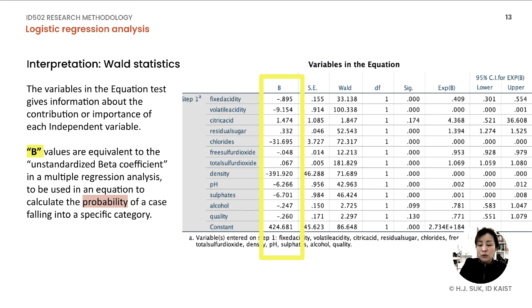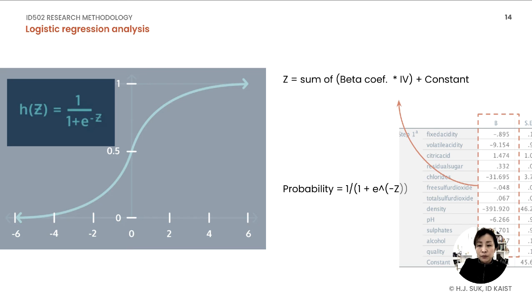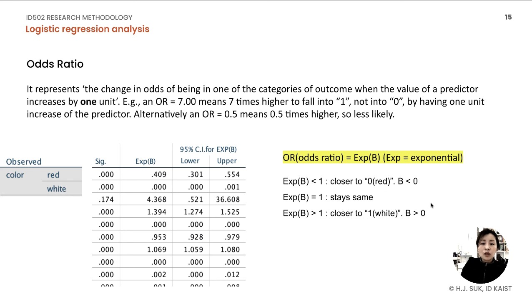Maybe the white wines are sweeter than red wine. Okay. So in SPSS, it is labeled as exponential value B, but in statistical theory, it's called the odds ratio, or OR. Okay, it represents the change in odds of being in the one category of a categorical outcome when the predictor value increases by 1 unit.